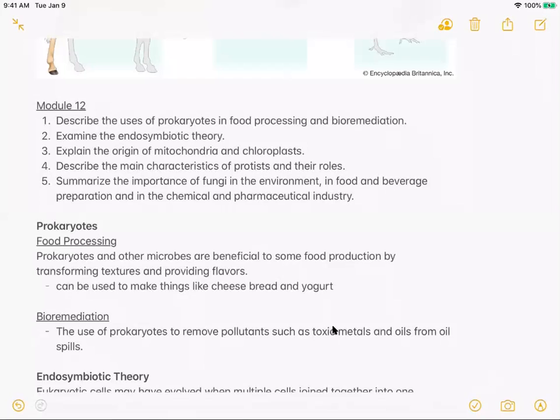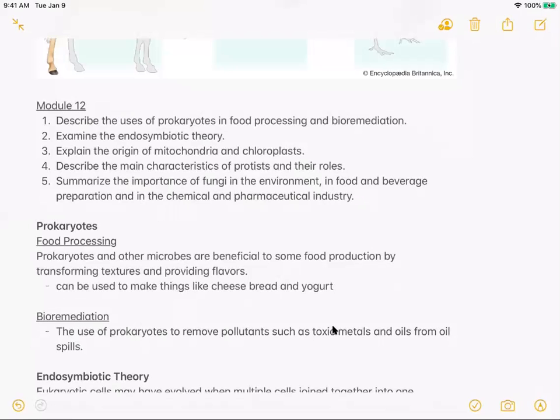Going into food processing, prokaryotes and other microbes are beneficial to some food production. In the case of cheese, bread, and yogurt, different prokaryotes can be used to produce those products, and they can help transform the texture of that product. They can provide flavors.